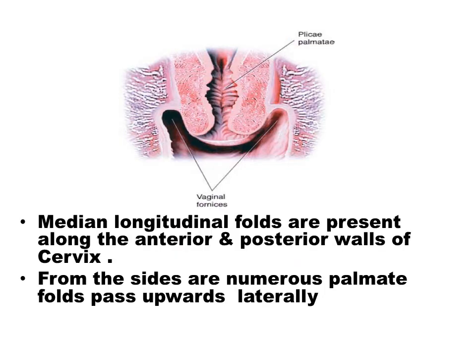Along the anterior and posterior walls you find median longitudinal folds, and from the sides there are numerous palmate folds which pass upwards and laterally. The entire structure is known as the arbor vitae uteri. So the arbor vitae uteri are the folds present along the anterior and posterior walls of the cervix.